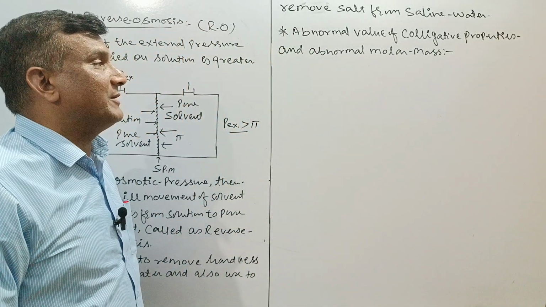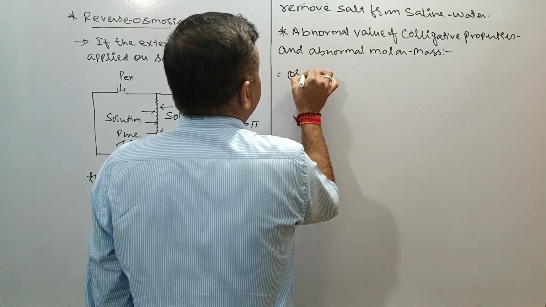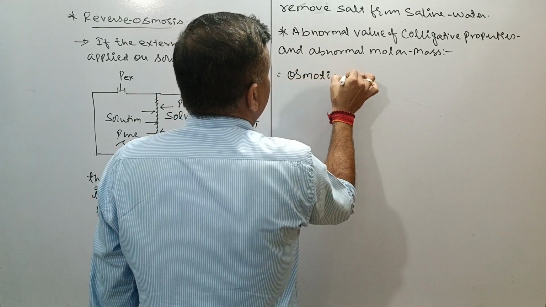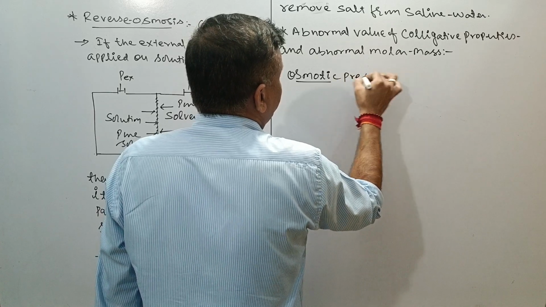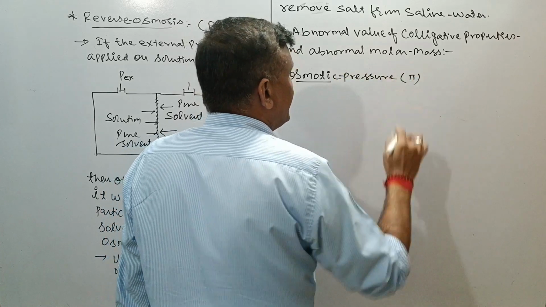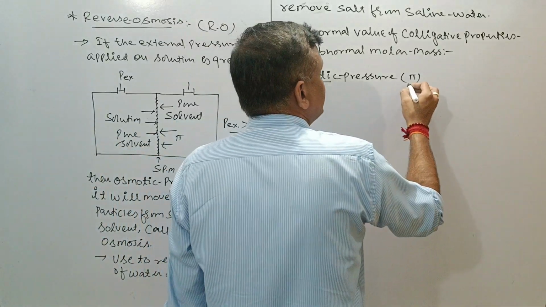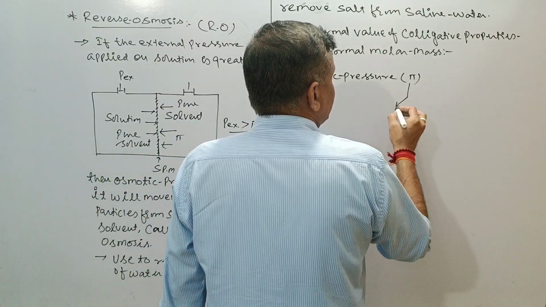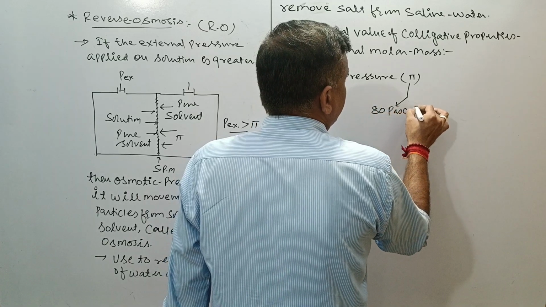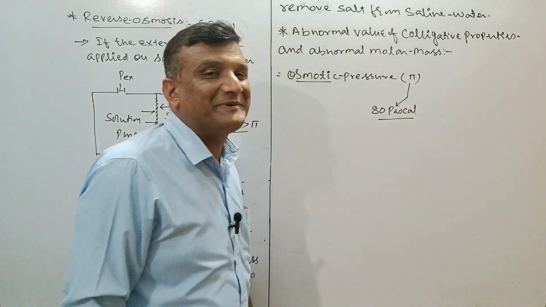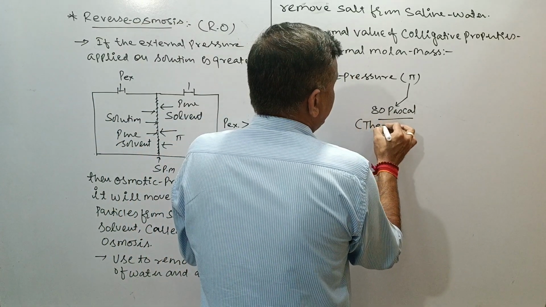If we go with this topic, suppose there is osmotic pressure, and it is denoted by pi. Suppose the value of pi for a solution is given as 80 Pascal. This is a theoretical value.